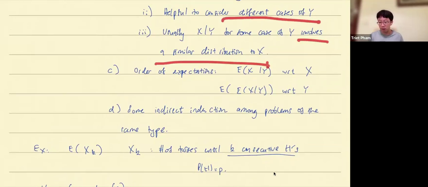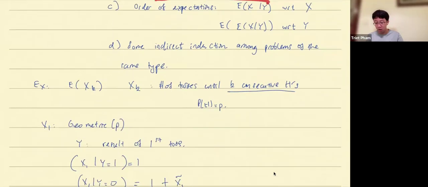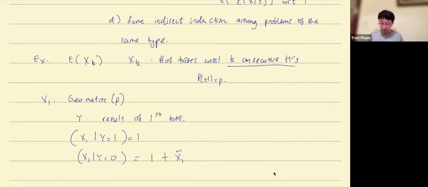And consider different cases of y. You see that basically x tilde 1 is not x1, because x1 starts counting from the first toss. X tilde 1 starts counting from the second toss when the first toss is a tail. So they're not the same values, but they have the same distribution. They're both geometric, p.